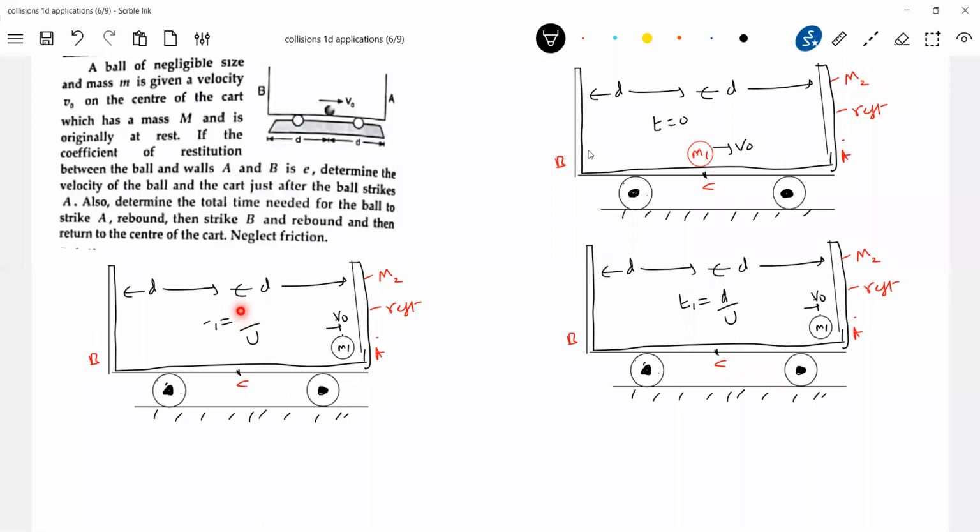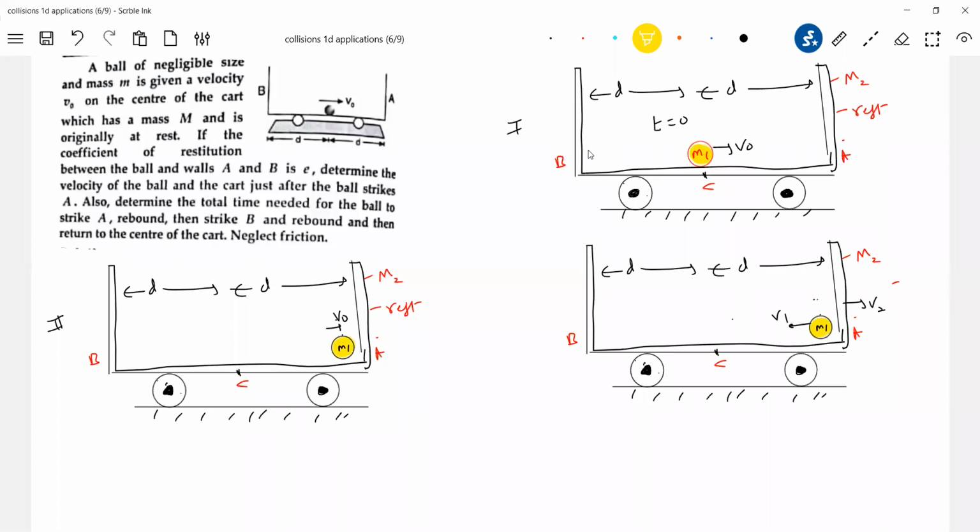I'll take it out. There's a third diagram. I'll give numbers to the diagrams. It'll be easy for you. So after collision, let the ball have a speed v1 and the trolley v2.